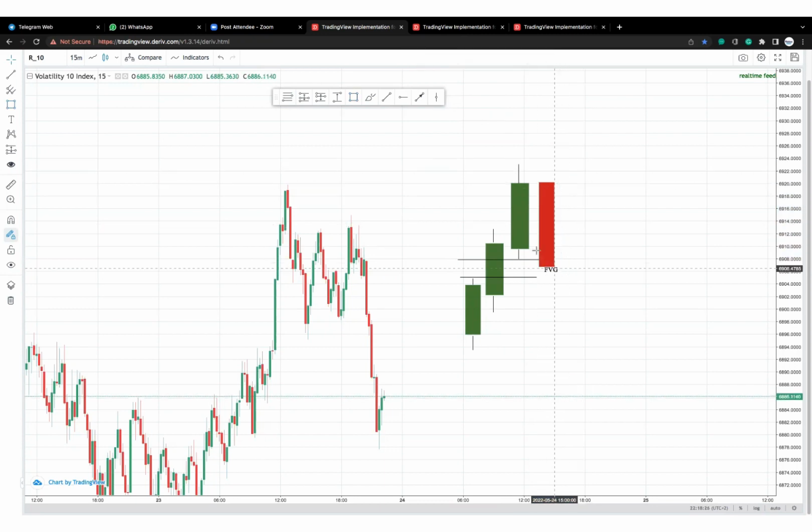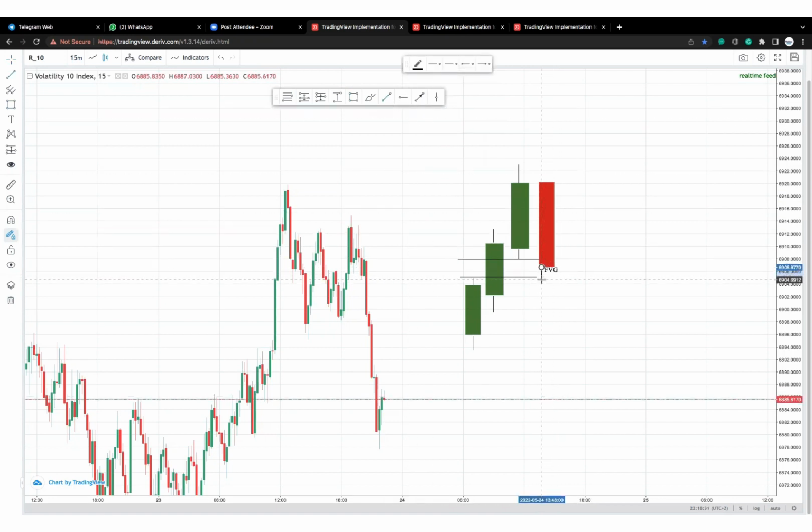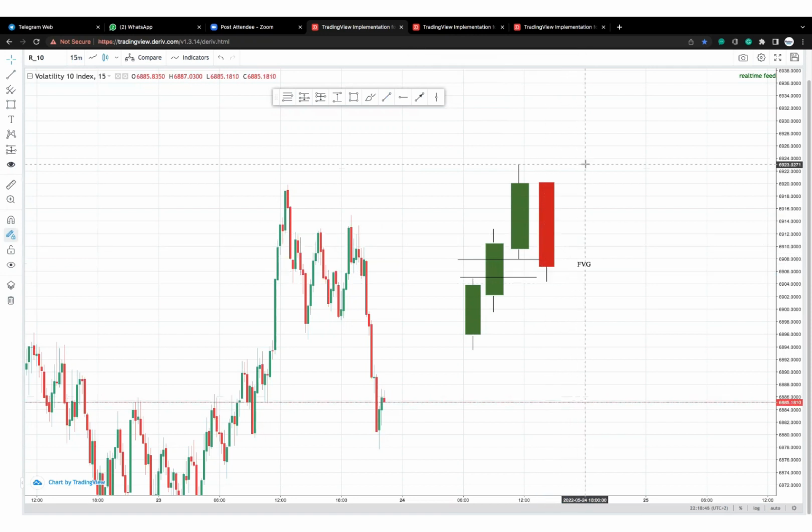After creating the gap, we'll be anticipating price to tap into this range. We anticipate price to tap into this range of the fair value gap and then continue trading back up.